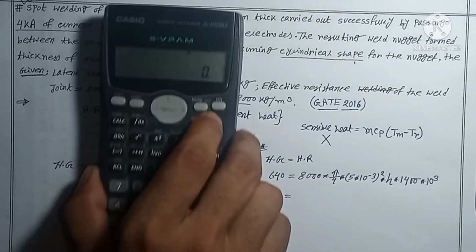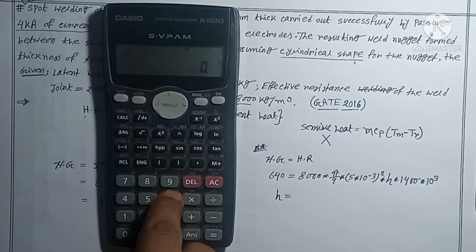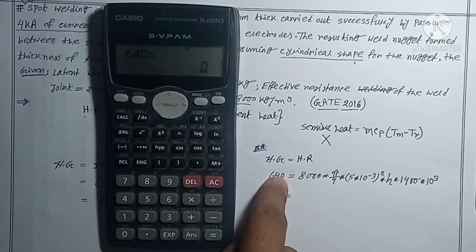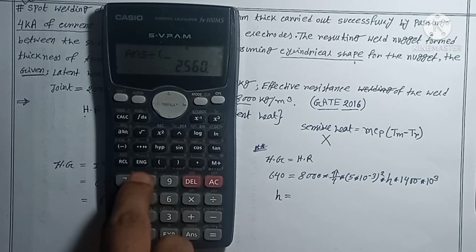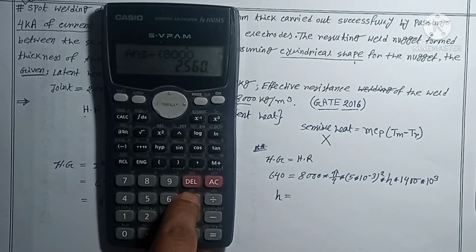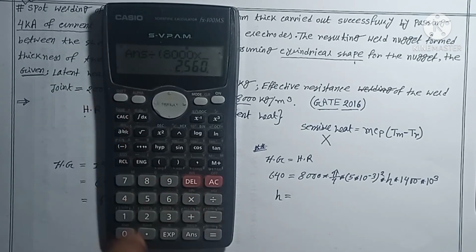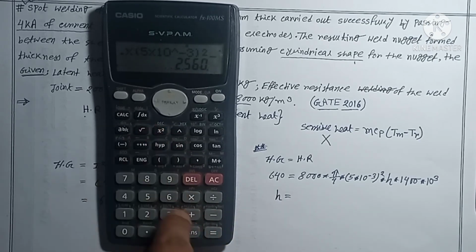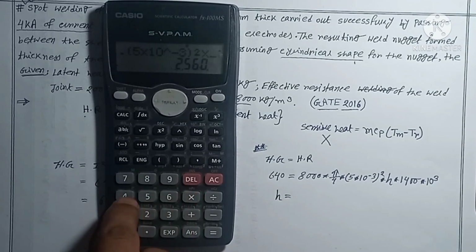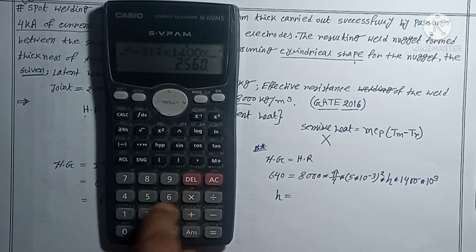Okay, first 640, if I take 4 to this side, I can multiply 4 divided by 8000 into pi into (5 into 10 power minus 3) square into 1400 into 10 cube.